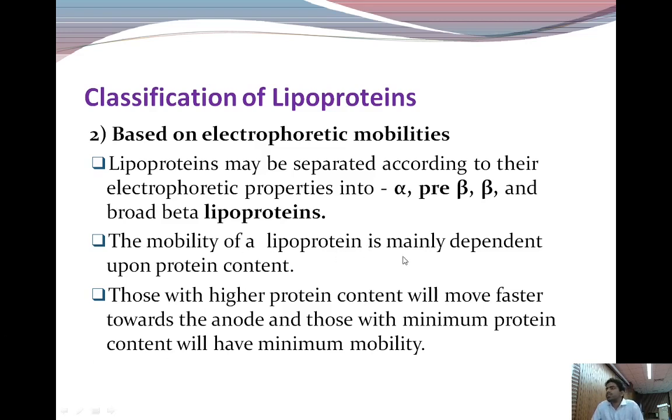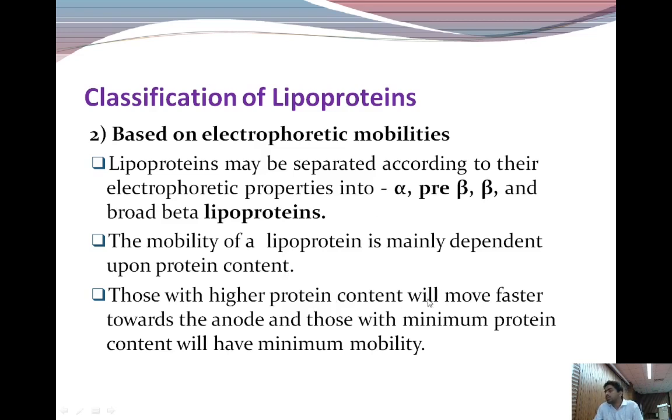The mobility of lipoprotein is mainly dependent on the protein content, because the protein part of the lipoprotein carries charge. In electrophoresis, when you give an electric supply, in the electrical field the charged molecules, these proteins, start moving, and they move at different rates based on their charge, size and all those things, and then separate into alpha, beta, pre-beta and so on.